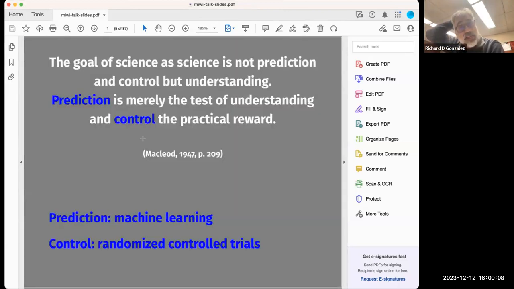So this is a slide that I presented last summer when I gave a short presentation around causal methods at the MeWe in-person meeting. And this quote basically says, the goal of science is not prediction and control, but understanding. Prediction is merely the test of understanding, and control the practical reward.